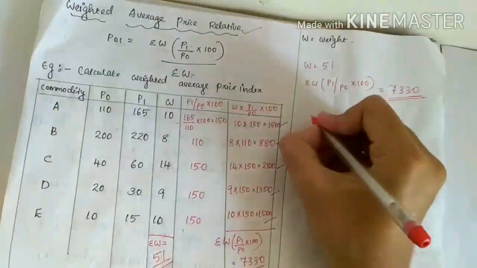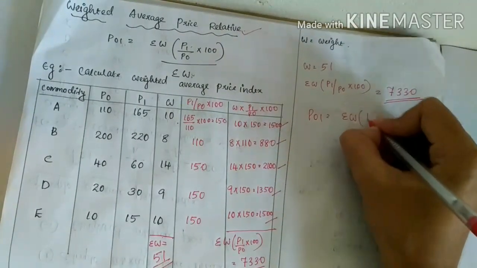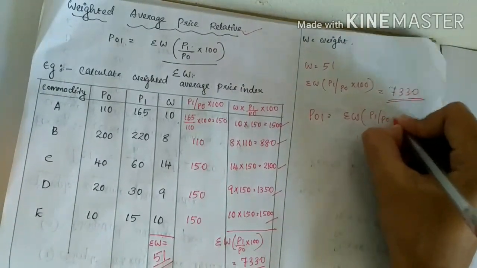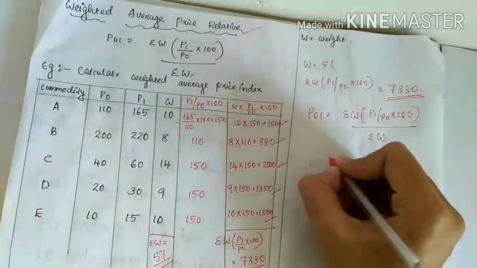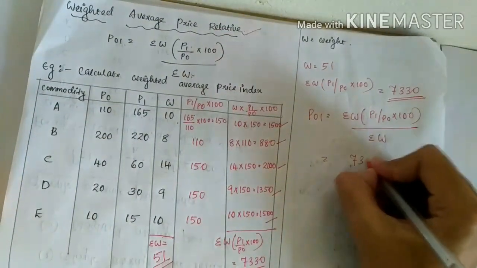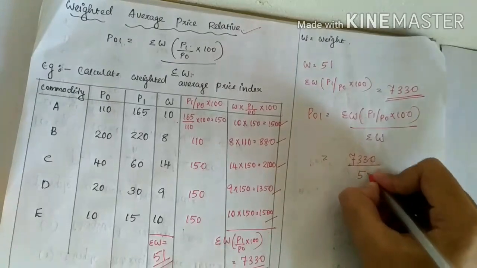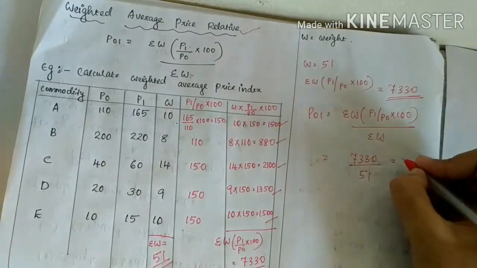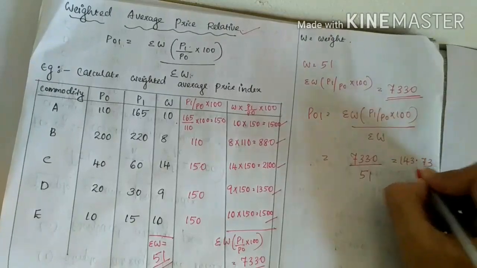Then applying the equation, that is price index is equal to sigma weight into P1 divided by P0 into 100 divided by sigma weight, is equal to 7,330 divided by sigma weight, which is 51. So the answer is 143.73.